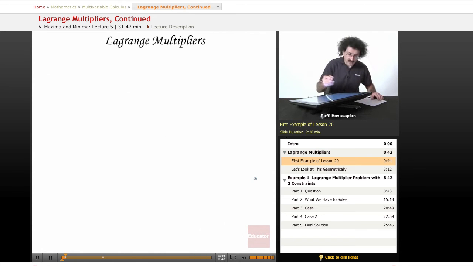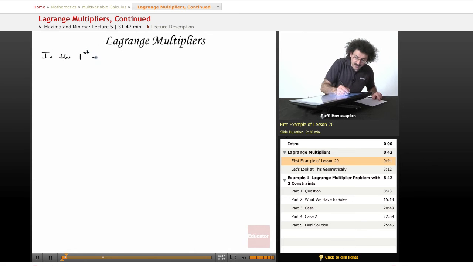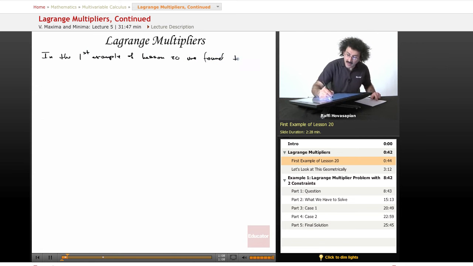So in the first example of the last lesson, lesson 20, we found the max and the min. Actually, let me not call them max and min, let me call them extrema.